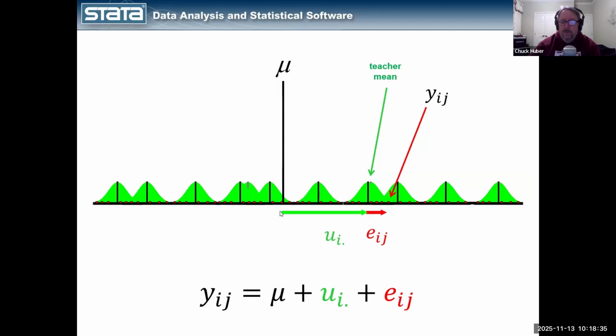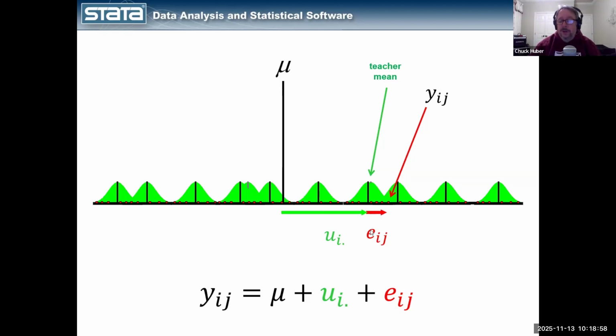One of the things that I want to emphasize here is that that residual is exactly the same distance as it was before. So when we only considered this to be a one-level model, that distance is exactly the same. All we've done is broken it into two pieces, based on the deviation from the observation to the classroom mean and the classroom mean to the grand mean.